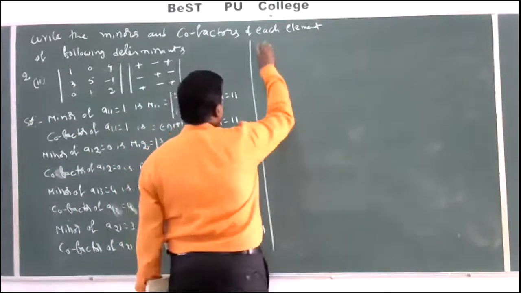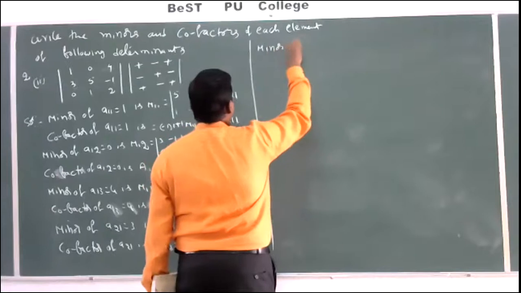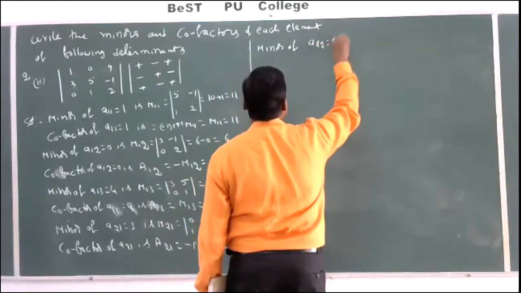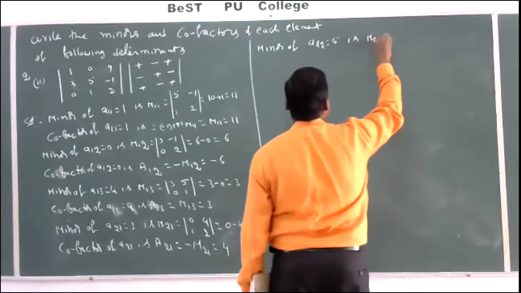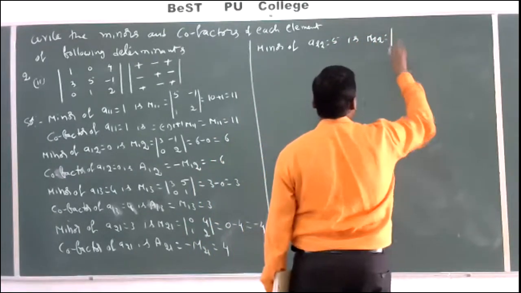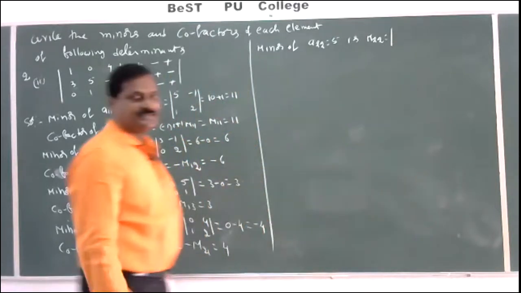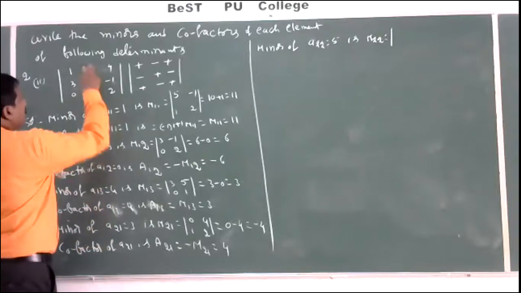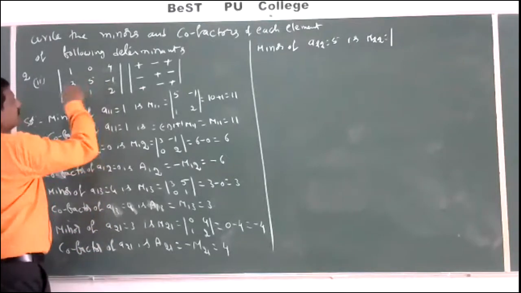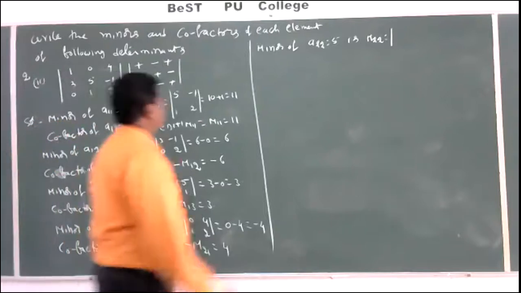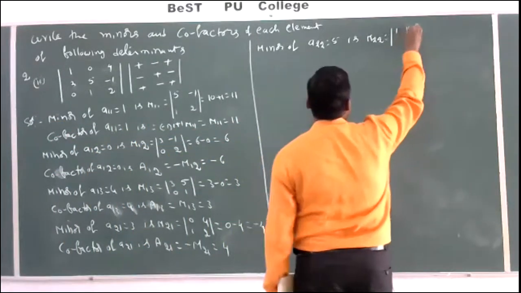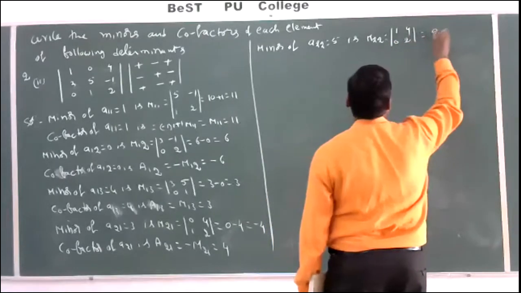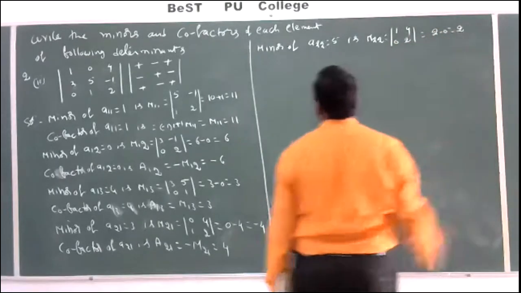Next, minor of a22 equal to 5 is M22. Leave the second row and second column, and write down the determinant of the remaining elements: 1 4, 0 2. This is equal to 2 minus 0, that is 2.